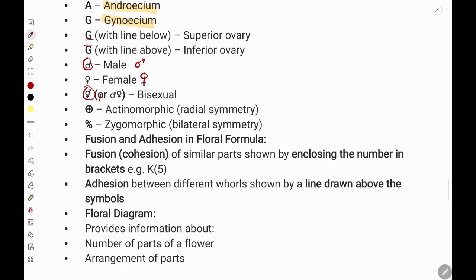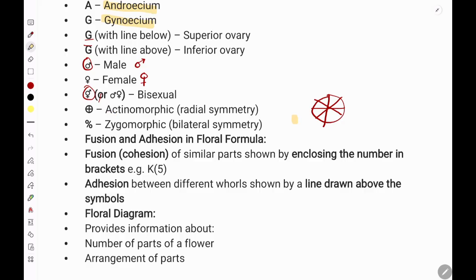Now comes the symmetry of the flower. If the flower can be cut from more than one point to divide it into two equal halves, then it is called an actinomorphic flower, also known as radial symmetry.